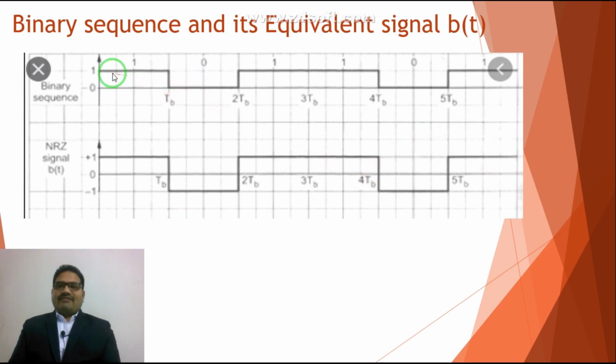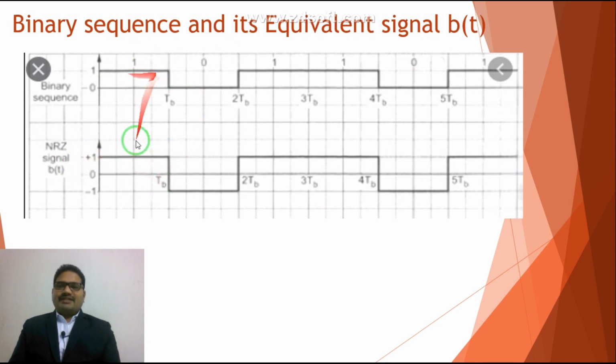This is a graph of the binary sequence, and this is a graph of the NRZ signal. So at the transmitter side, this binary sequence is converted into an NRZ signal, non-return to zero. You can see that it is NRZ and bipolar.